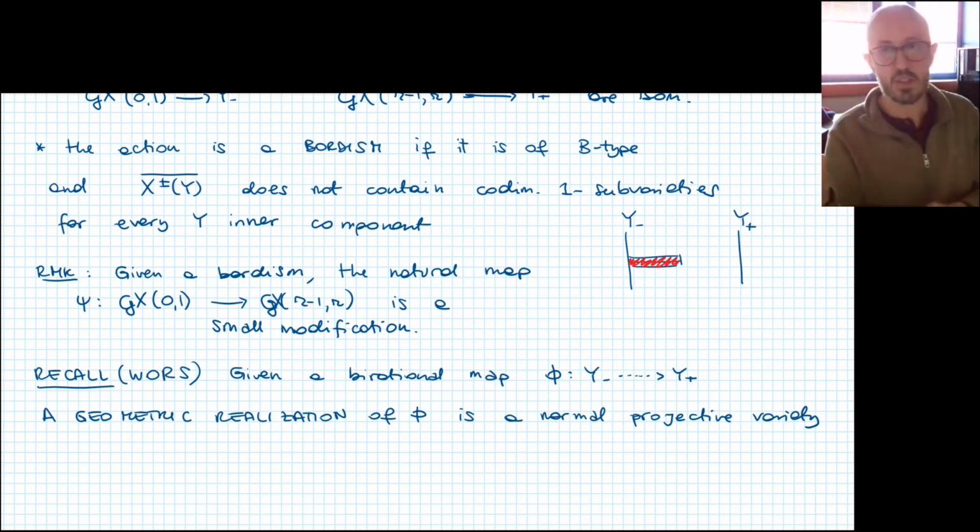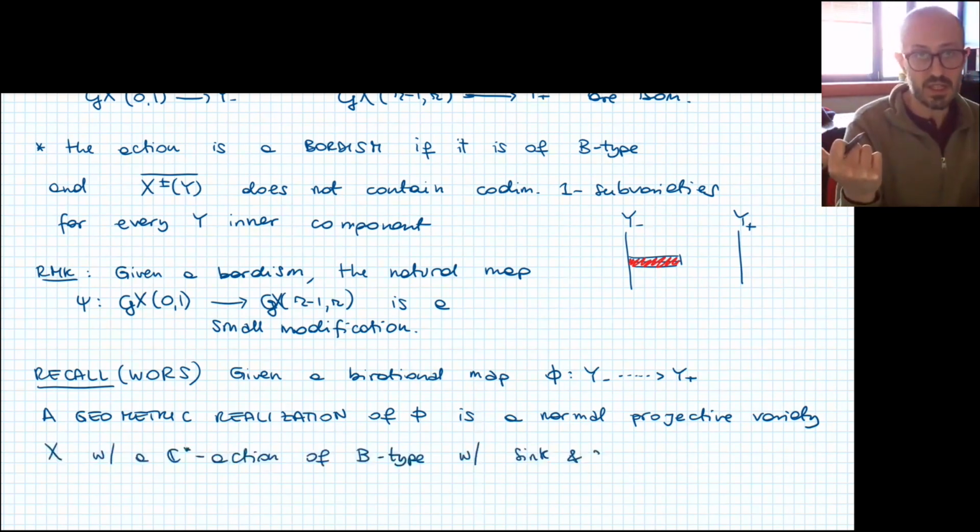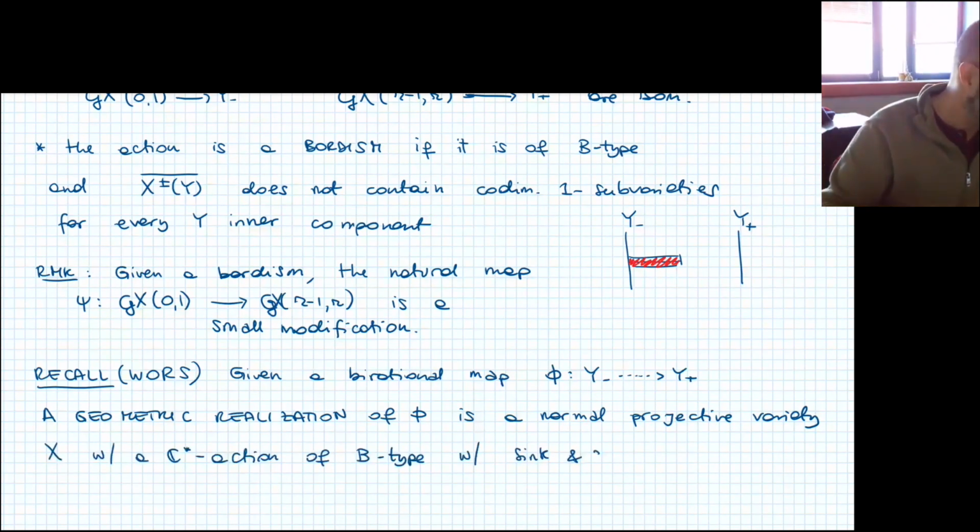So the limit as t goes to 0 and as t goes to infinity, y minus and y plus. Phi.